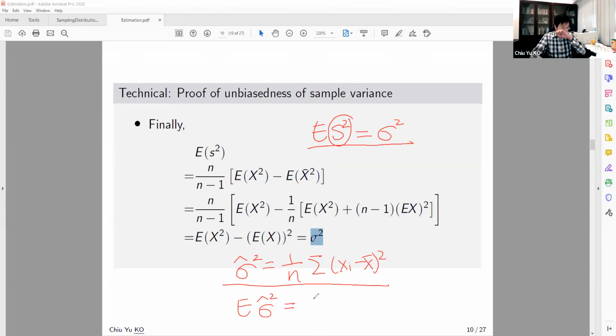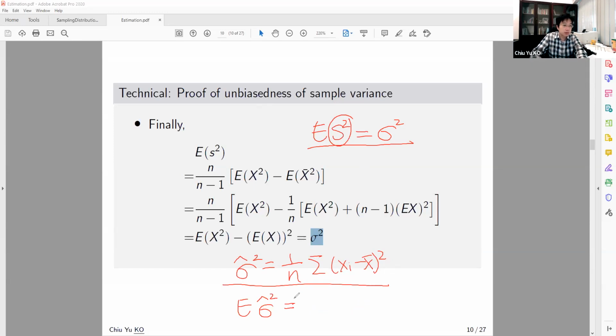Then what you see is that this will be equal to n over n minus 1 sigma squared. Let me prove it.